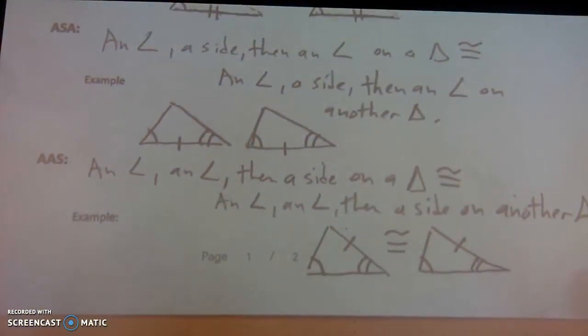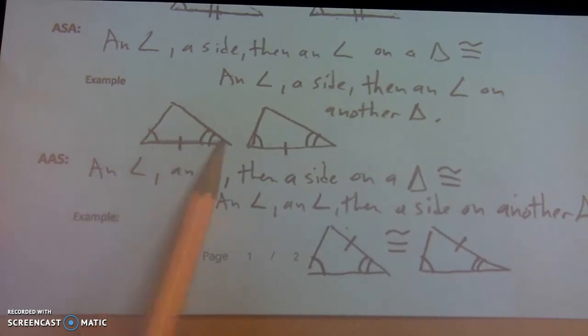They're very close. The big difference is where the side is. Do you notice here the side is in between the two angles? Right directly between the two angles, whereas here the side that's marked is not directly between the two angles. Okay, so AAS means the side is not directly between the two angles.